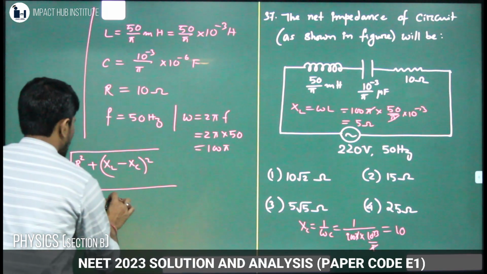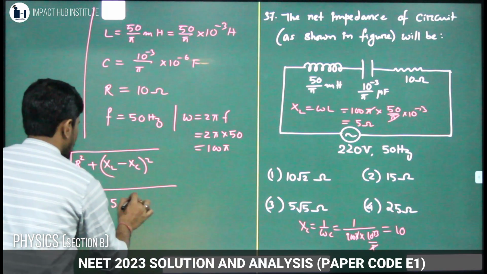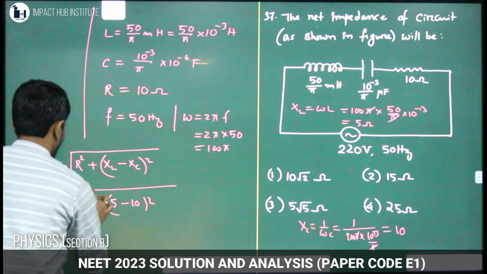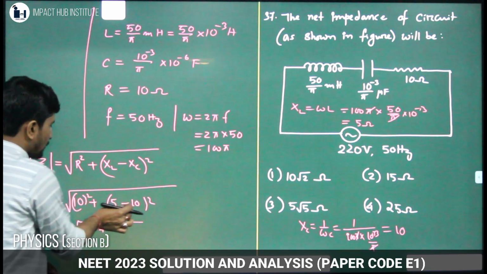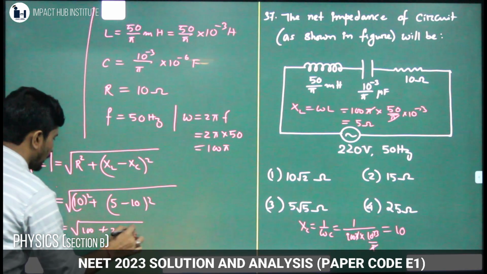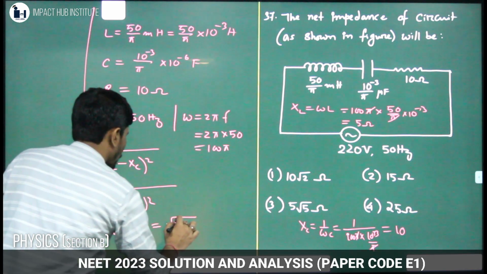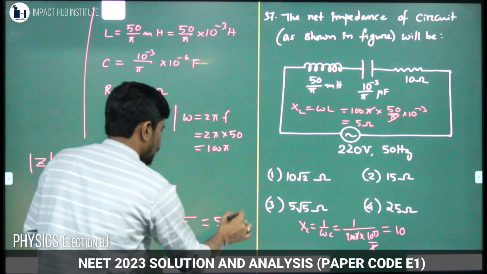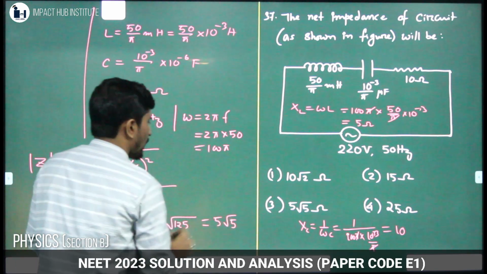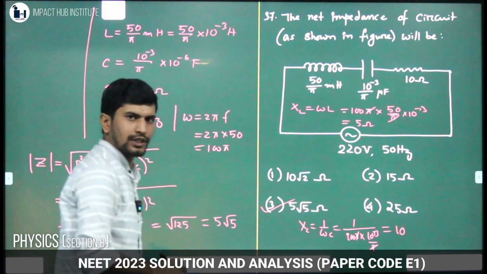Thereby I will put 5 here and 10 here, square here. If I continue the calculation, this will be 10 minus 5, 5 square, this will be 25. So square root of 125 is the impedance. If I simplify it a little bit, it will be 5 square root of 5. So the answer is option 3.